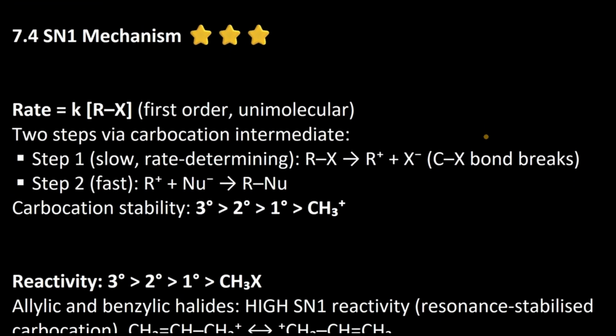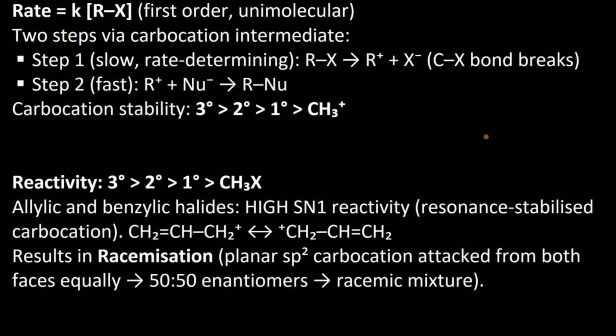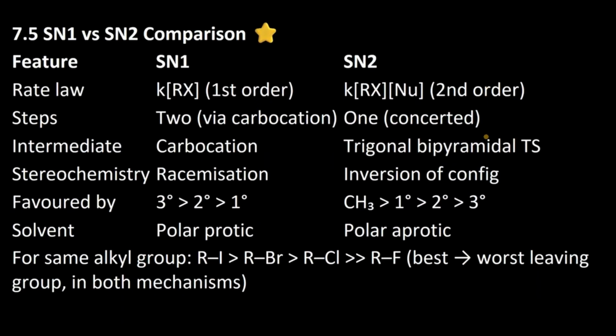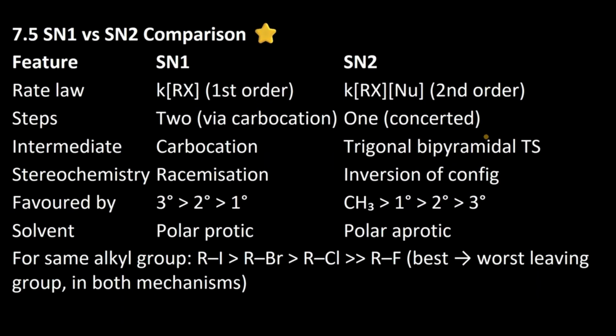And in case of SN1, that is just opposite. Tertiary, then comes secondary and primary. It follows a two-step process. The intermediate is carbocation. So the more stable carbocation will decide the reaction product. Okay. Then the comparison table I just have listed.